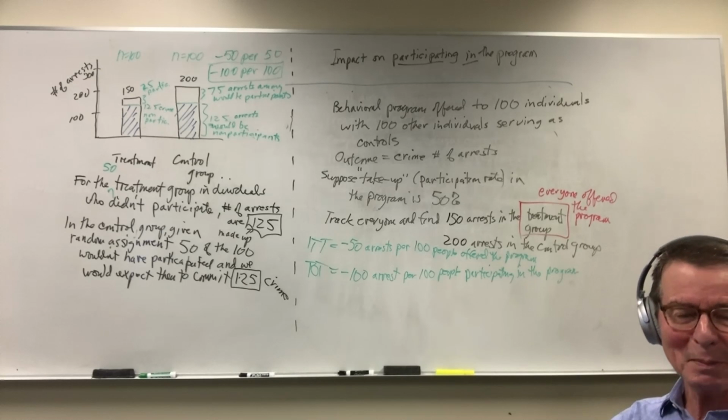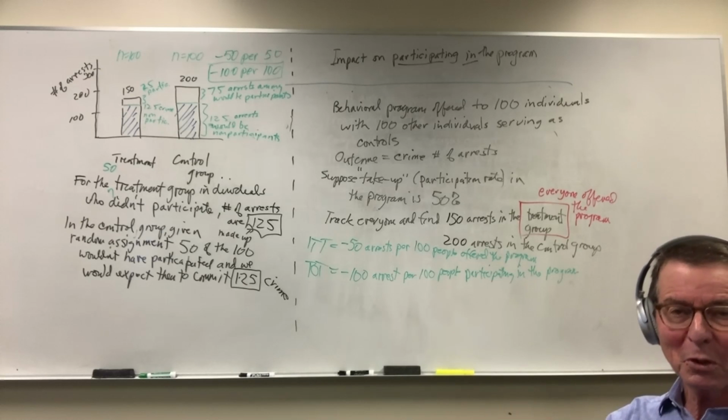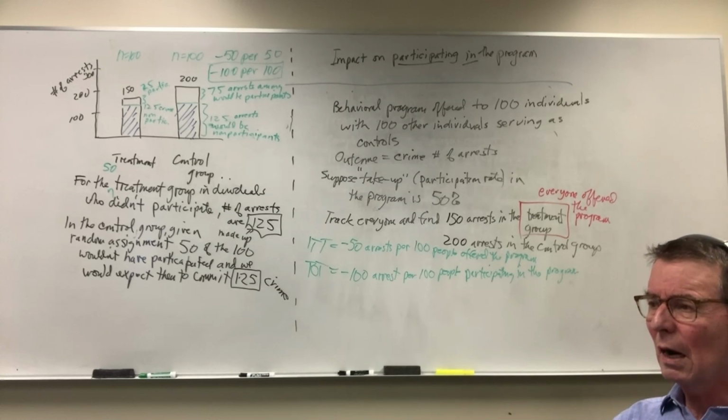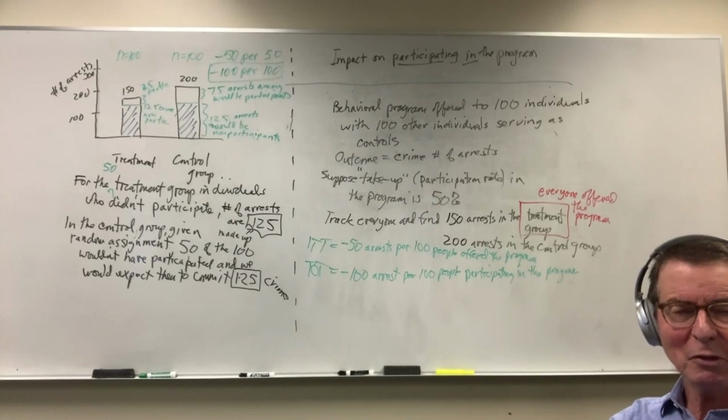One is, of this massive program that was trying to vaccinate everybody, how successful were you in offering a chance to get a vaccine to everybody, in terms of total number of coronavirus cases?